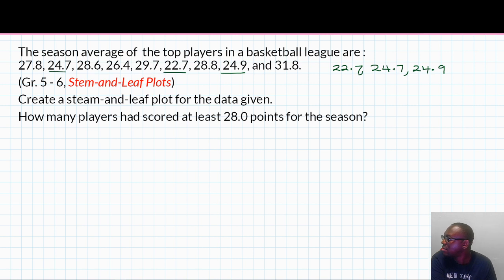I will show you shortly what a stem and leaf plot is. Thanks for asking the question. So we have 24.9. So do we have a 25? No, we have 26. So this is 26.4. And then do we have a 27? Yes, we have one. So we have 27.8.